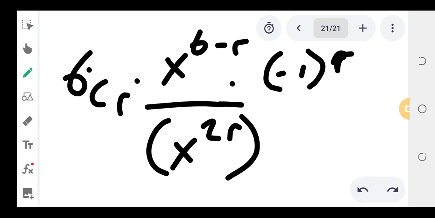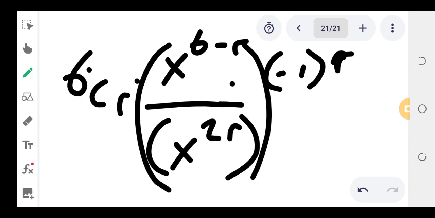I'm looking for the condition where I'm going to cancel this whole thing in terms of x completely, because we are looking for a term which is independent of x. So at no point should we have anything raised to a power in terms of x. We want to eliminate this completely.